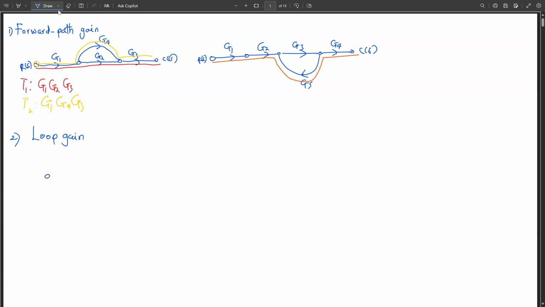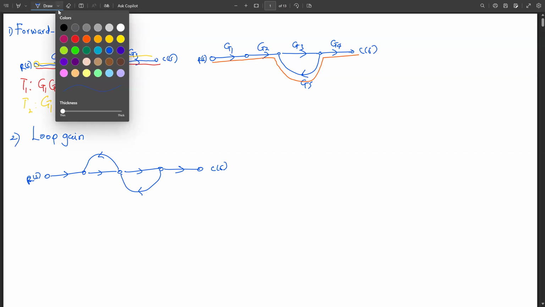So let's say you have a simplified signal flow graph like this, right? It goes this way, that way, this way, that way. This is your input, this is your output, and then this goes here this way, and this goes here this way.